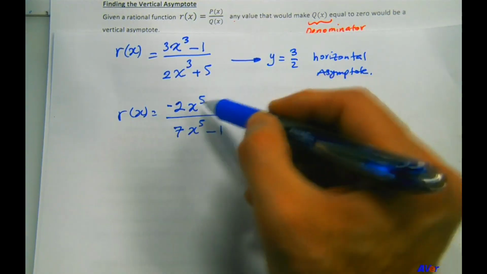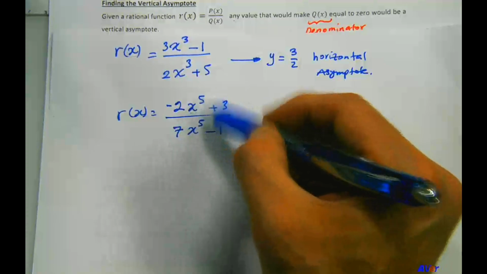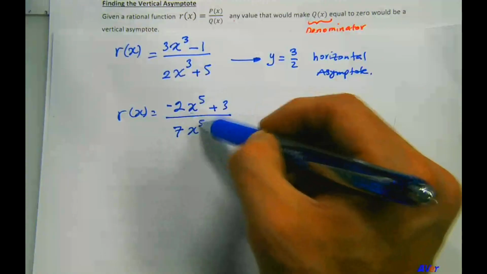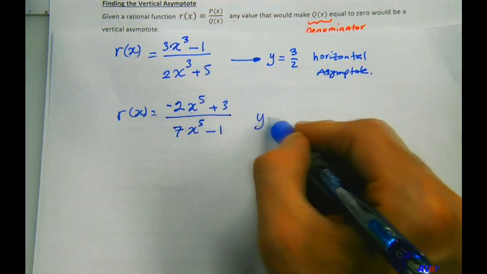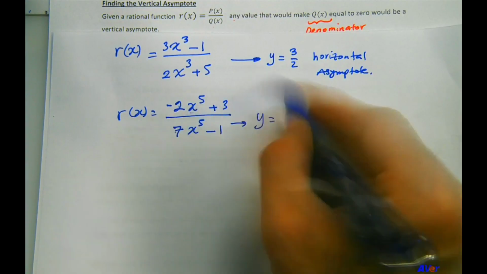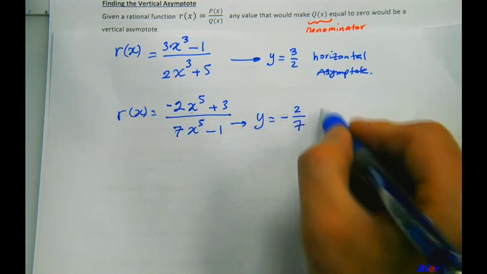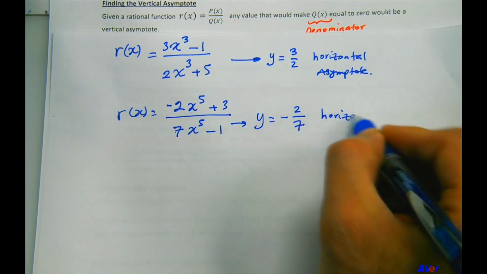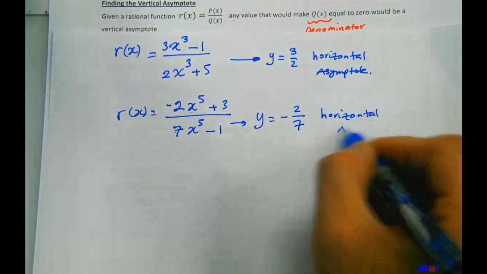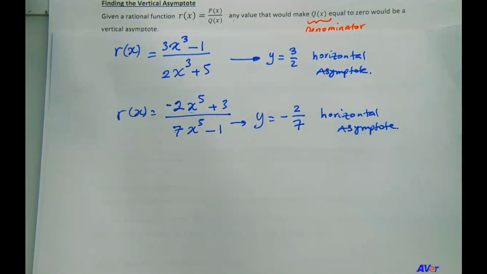Well, look at the leading terms again. Now, they have the same power, right? Because of that, the horizontal asymptote would be the ratio of their coefficients. So y equals minus 2 over 7 would be the equation of the horizontal asymptote. Okay, I hope this is clear.